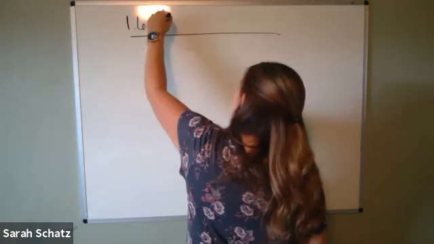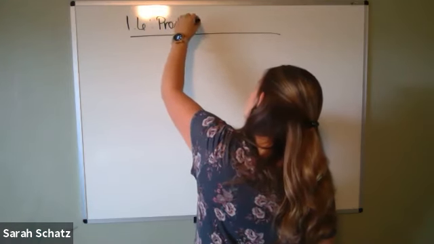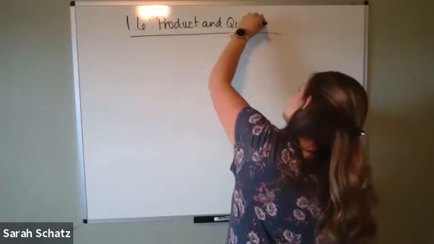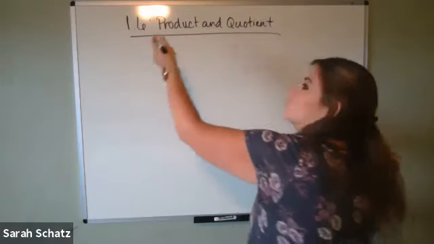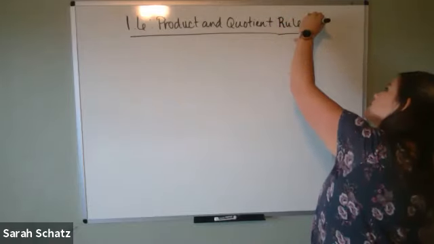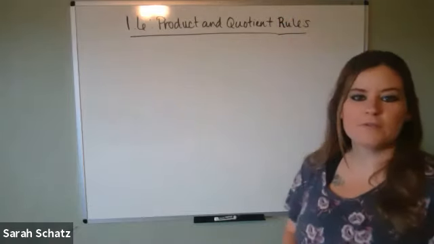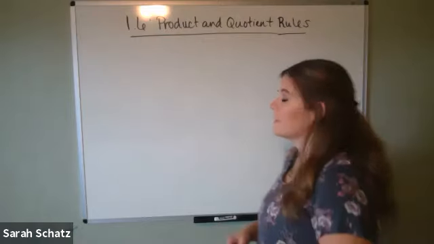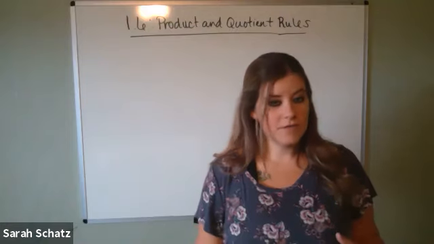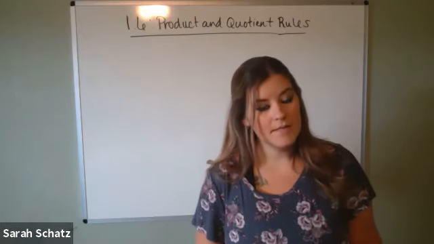And this is the product and quotient rule. We'll call them rule. I guess it's rules because it's two. Product and quotient rules. Okay, so I'm going to give you an example of a function that has a product in it.